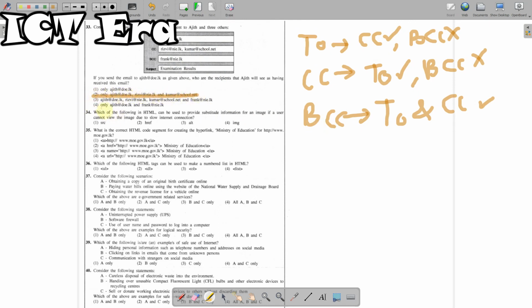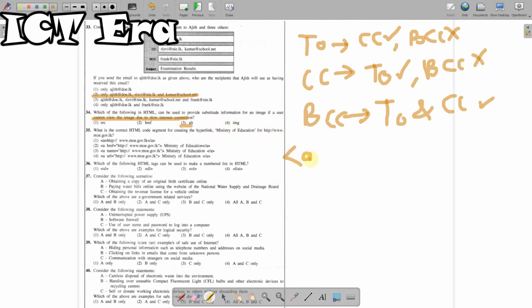Then 34th question, which of the following in HTML can be used to provide substitute information for an image if a user cannot view the image due to slow internet connection? Alternate. What is the correct HTML code segment for creating the hyperlink Ministry of Education?